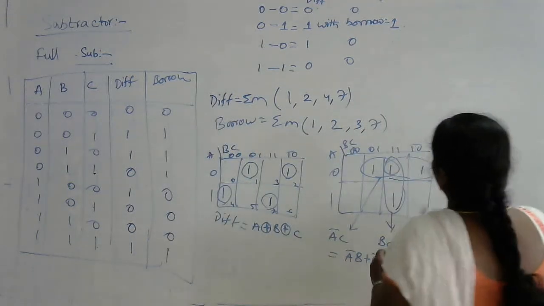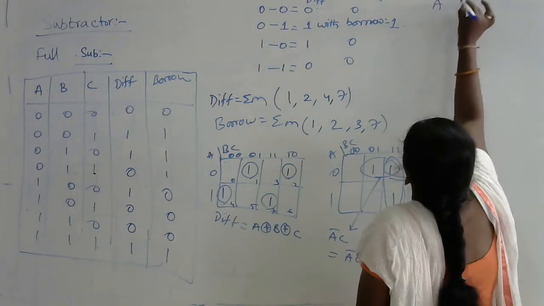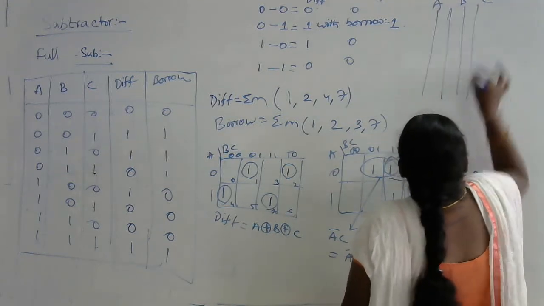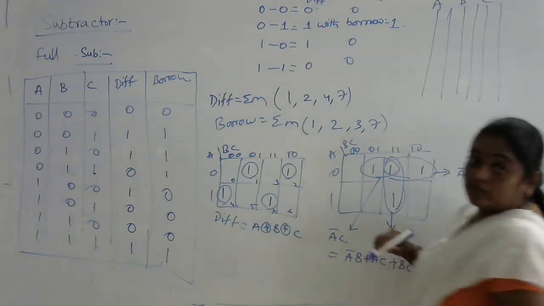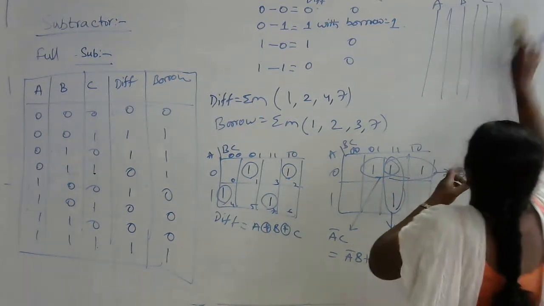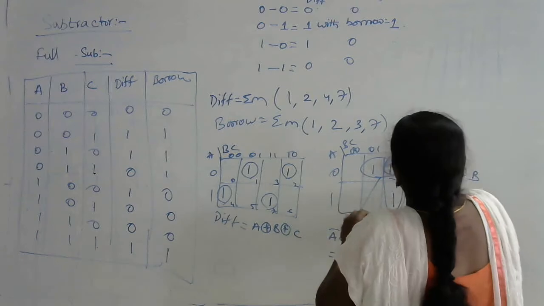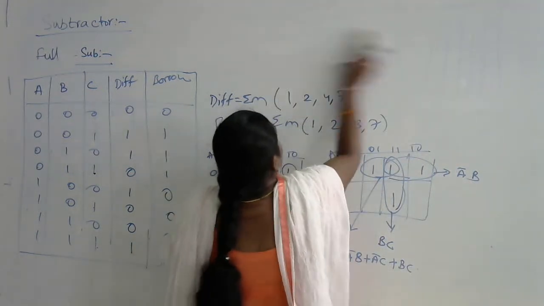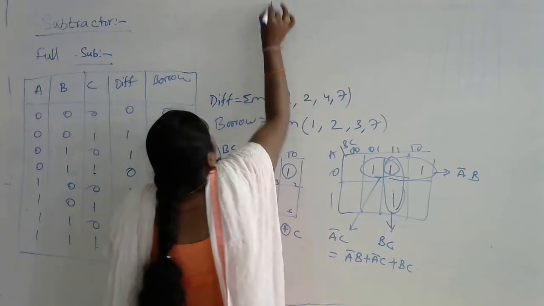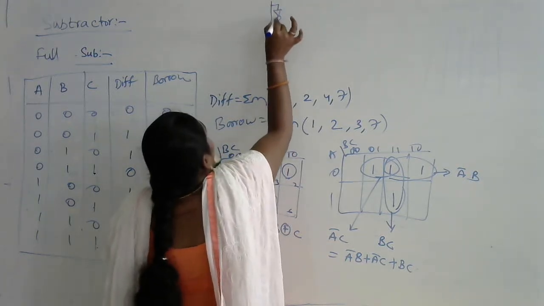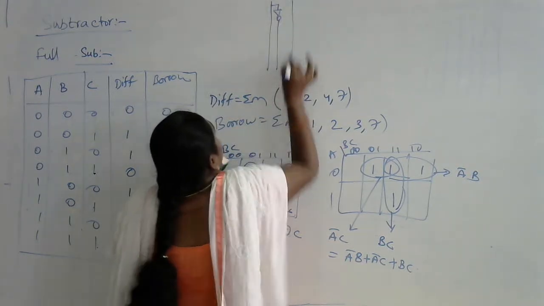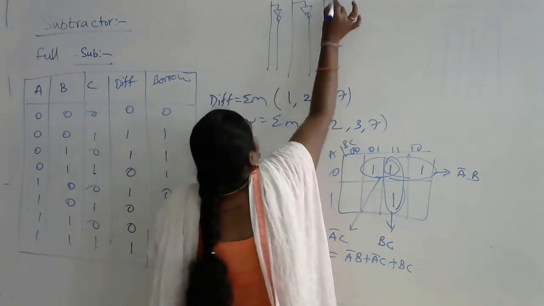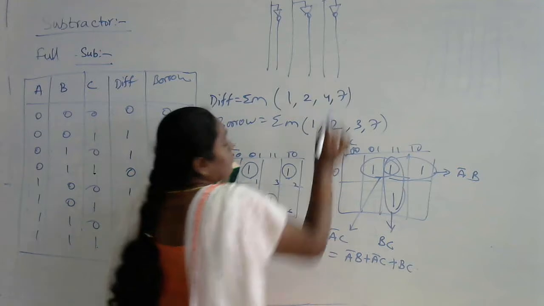In order to draw the logic diagram, this is A, B, C. A, this is A bar, B, B bar, C, C bar.